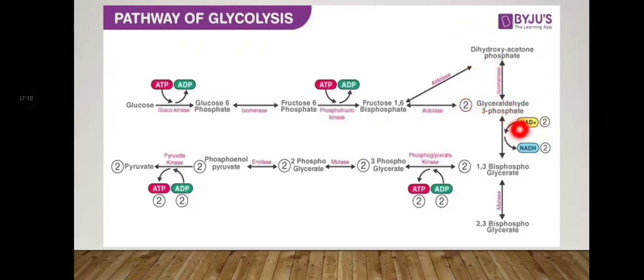Then you have now glyceraldehyde 3 phosphate, which requires the cofactor or the coenzyme NAD+ and converts it to NADH. So in the presence of what enzyme? Glyceraldehyde 3 phosphate dehydrogenase.